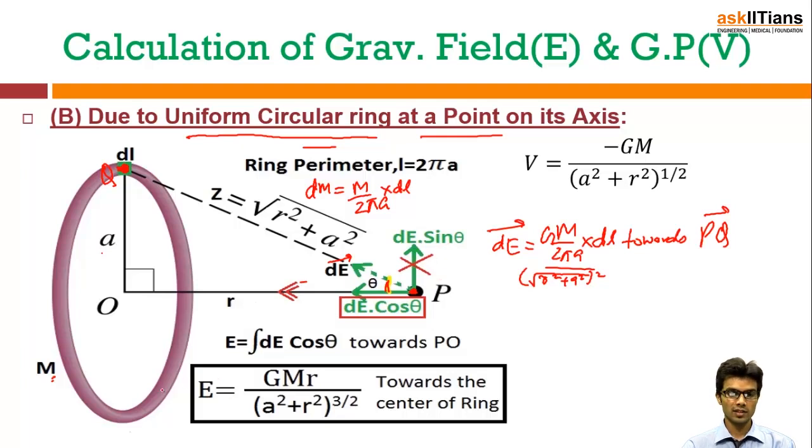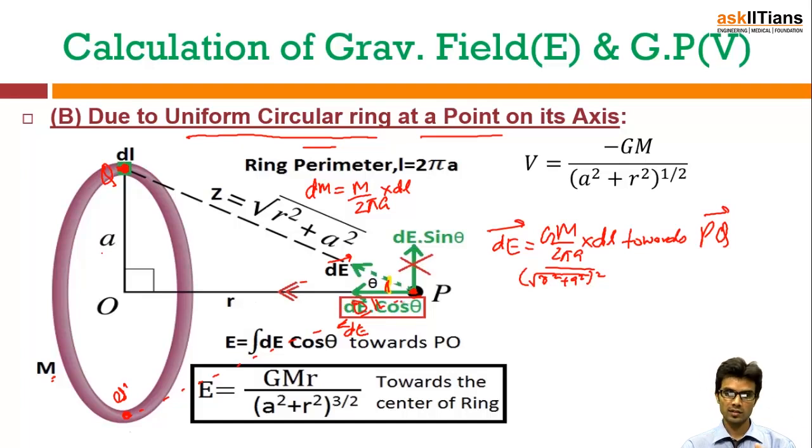Similarly, let us consider another point here, Q dash, and find dE. For this point this is the connecting line, this is the dE, and this is the angle theta, the same angle. This is the symmetry, both sides of symmetry.